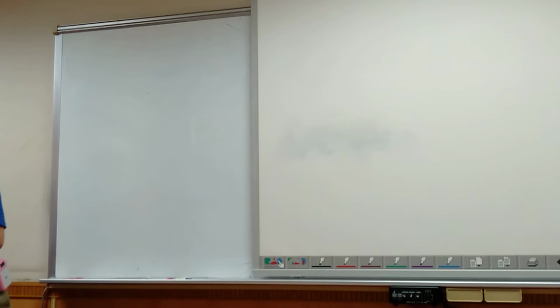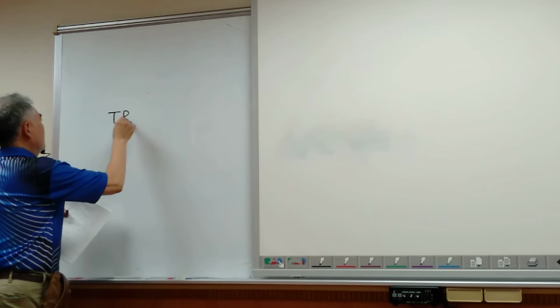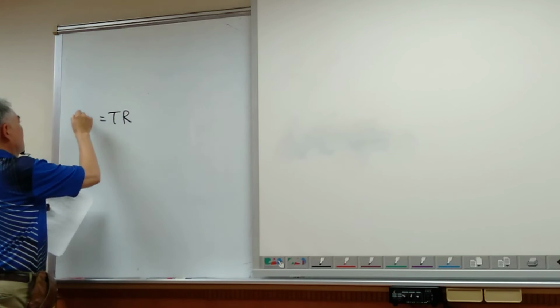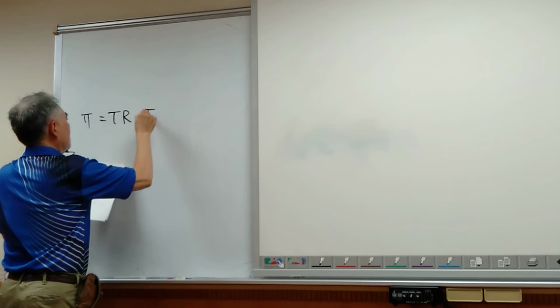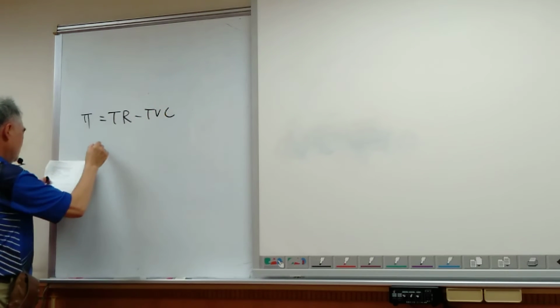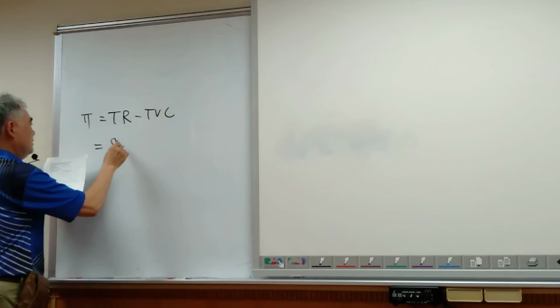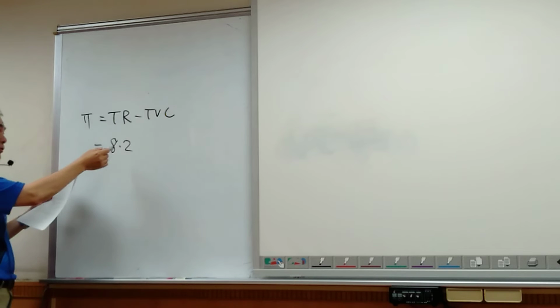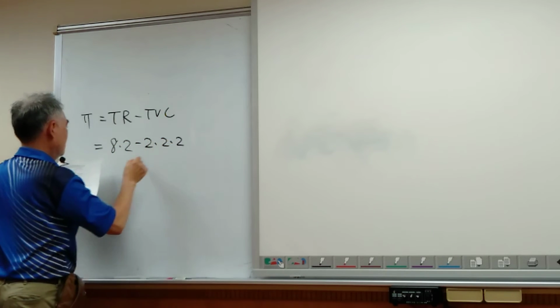Okay, so we're going to talk about producer surplus, right? So total revenue minus total variable cost. So that would be equal to, okay, price is equal to 8, and each firm produces 2, so 8 times 2 minus... So what do you get?